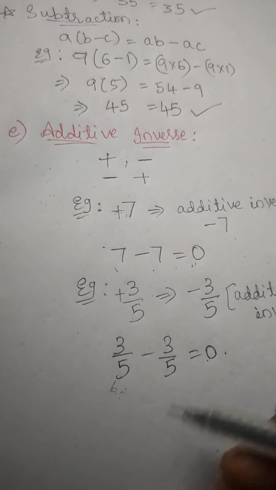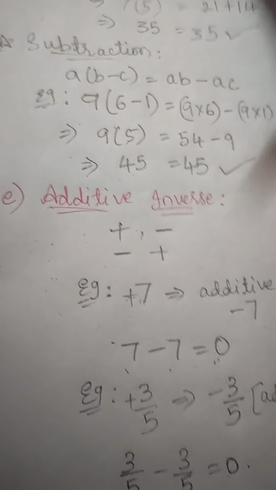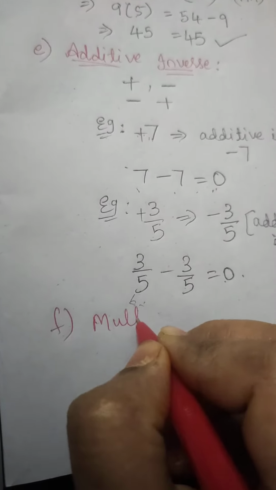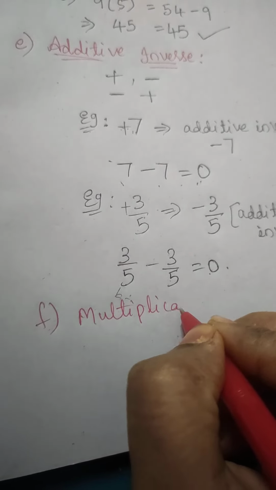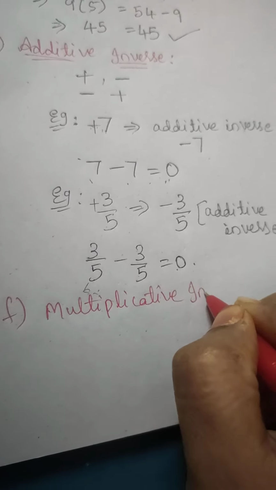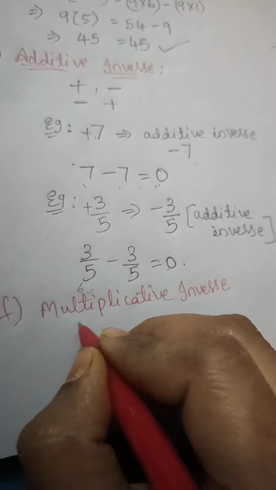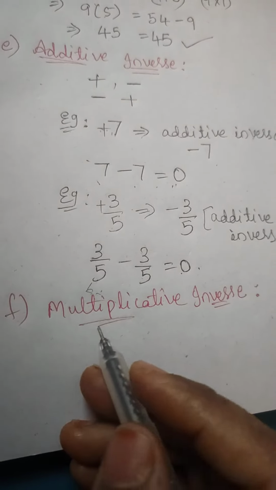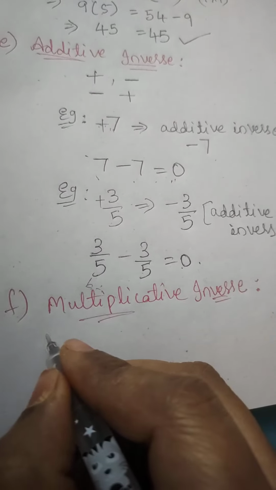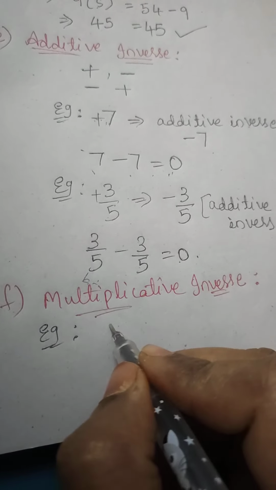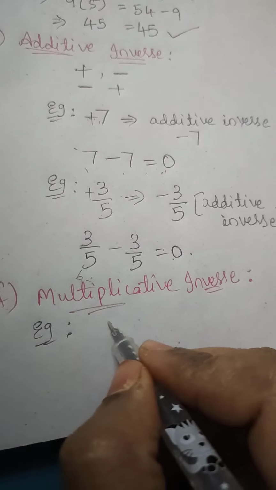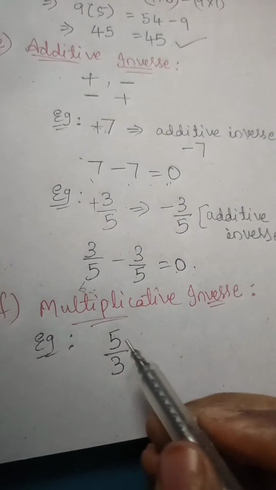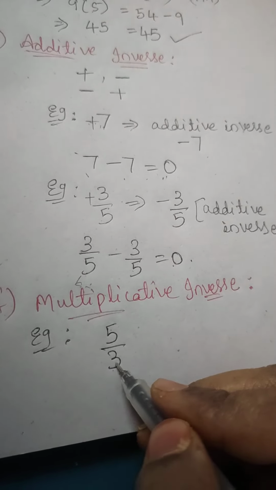This is the additive inverse. Next, we will discuss the multiplicative inverse. Multiplicative inverse is the value's reciprocal. If I take a number 5 by 3, then its multiplicative inverse will be its reciprocal.